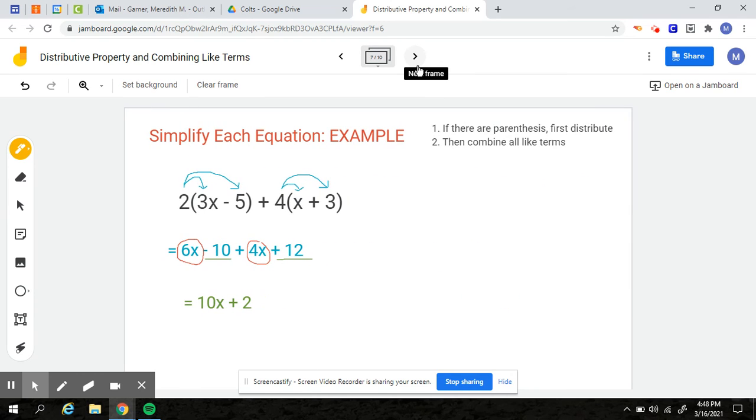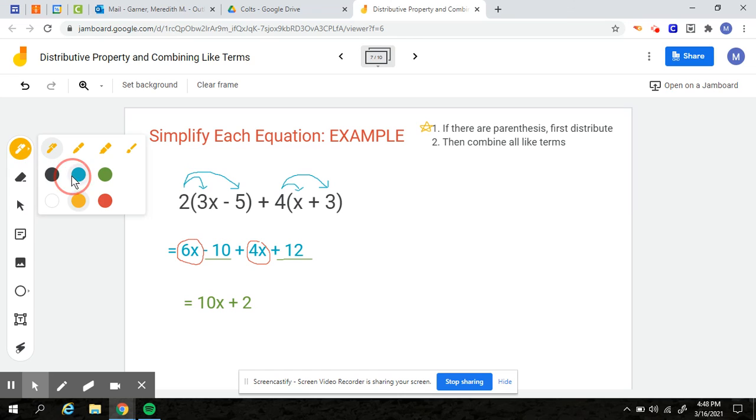On slide 7, you will see a more complicated problem where we are doing both of those concepts in a single problem. So the big thing to know here is anytime you see parentheses, as you can see up here at the top, the very first thing you should do is distribute. Before we can do anything else, we have to get rid of those parentheses.